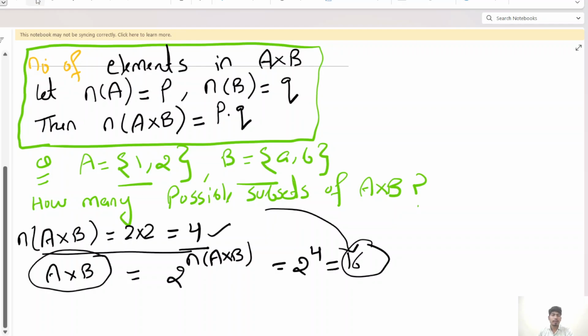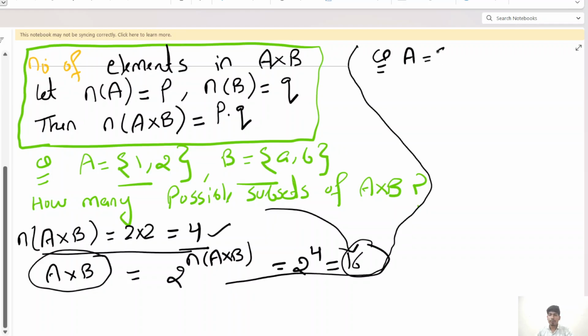Now we define one more example on this. Question: our A set is {1, 3} and B set is {5, 6, 9}.